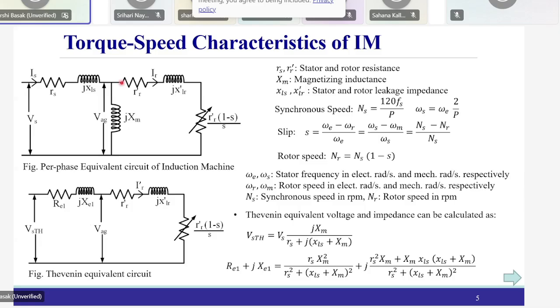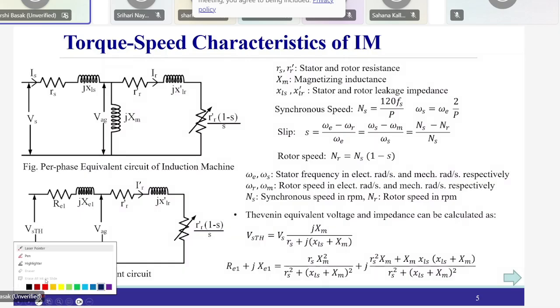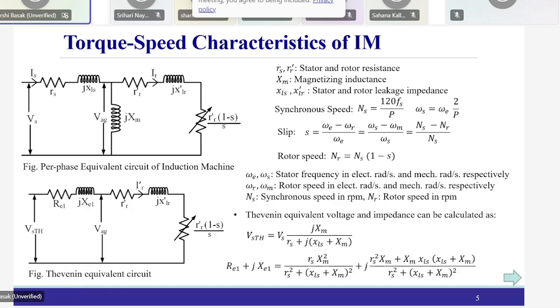to this, we can actually give an equivalent Thevenin equivalent circuit. The Thevenin equivalent can be obtained by looking through this terminal. Okay, so by looking through this terminal, we can obtain a Thevenin equivalent corresponding to this.